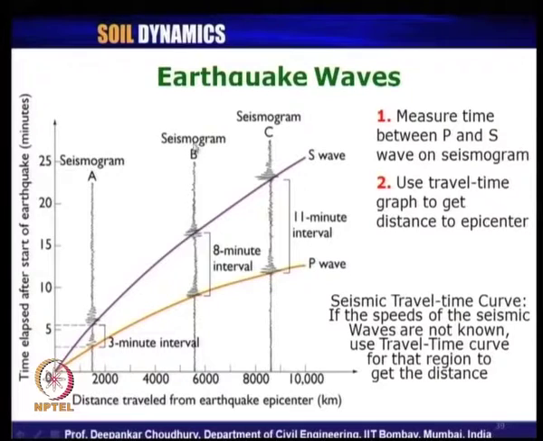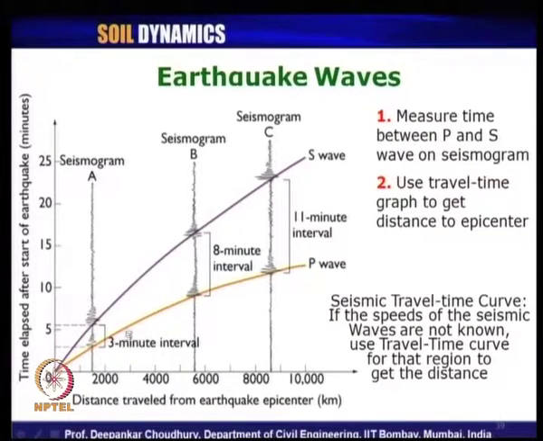In another station, seismogram B, the arrival time of the P wave is somewhere here and the arrival time of the S wave is somewhere here, and there is a time difference of about 8 minutes say. And at another recording station, let us say it is C, the P wave arrives here and the S wave arrives here, and the time difference between their arrival is say about 11 minutes.